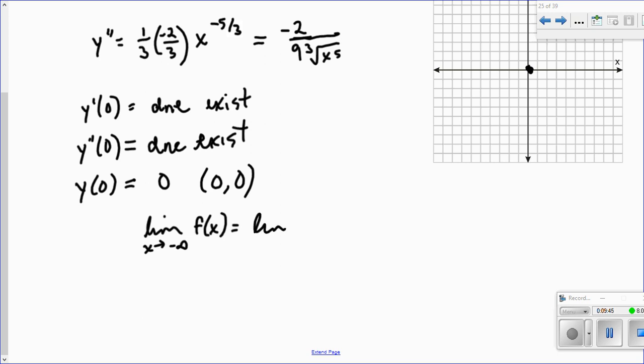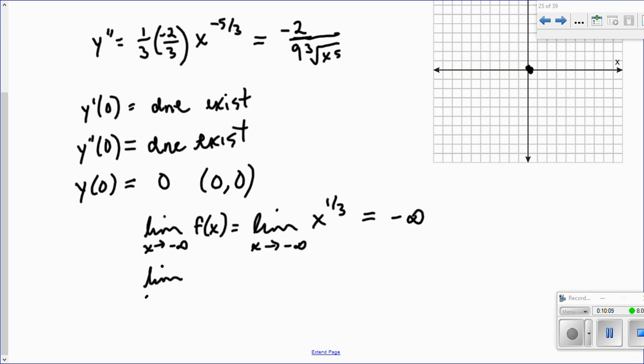Okay, so that would be the limit of my function as x approaches negative infinity of x to the 1/3. So what happens there? Well, if I've got a really large negative number and I take the third root of it, I'm going to have negative infinity.